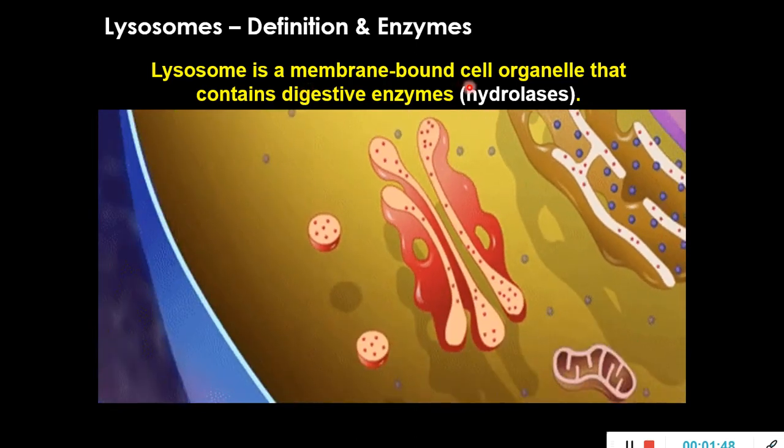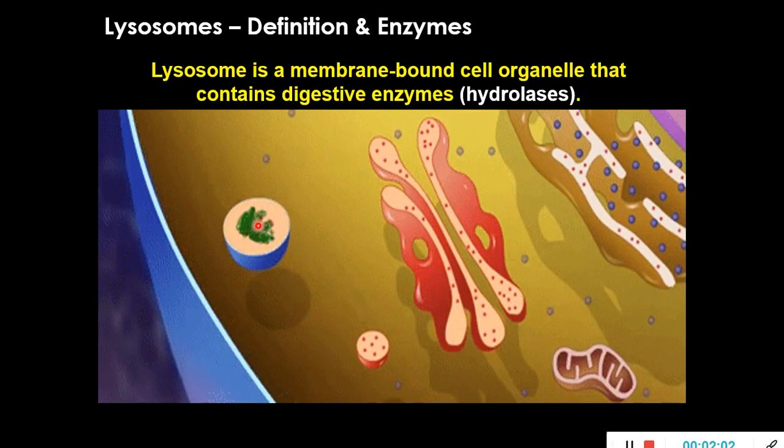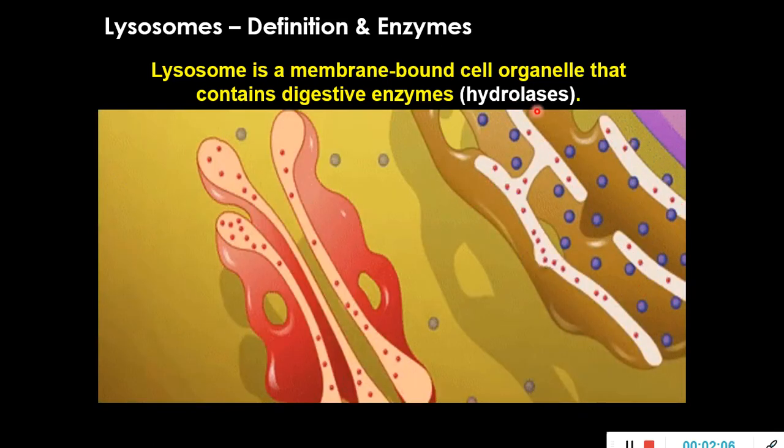But they contain some specific types of hydrolases, that are enzymes which can digest proteins of the viruses and bacteria, which can digest nucleic acid of the bacteria, which can digest lipids, and which can digest carbohydrates or glycogen as well. So they contain a group of different enzymes, the hydrolases.